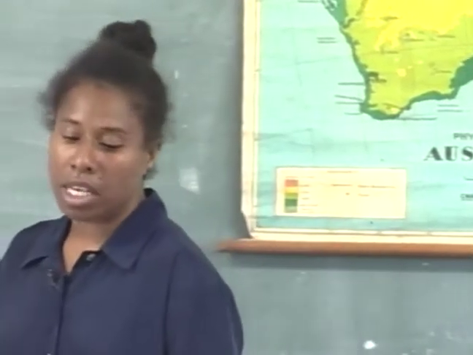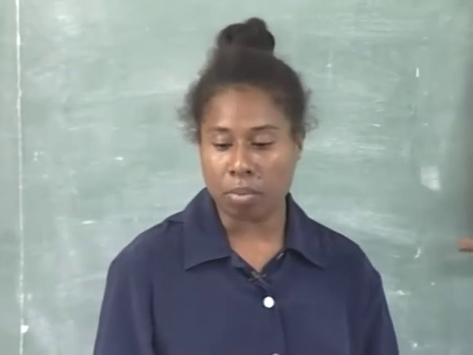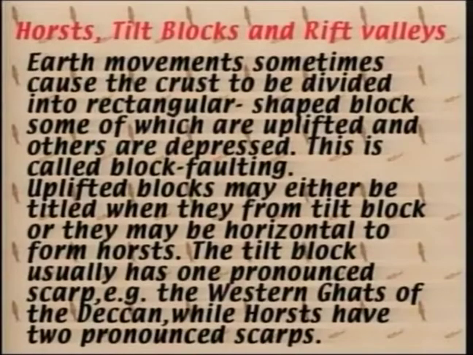In block faulting, we can end up with features such as horsts, tilt blocks, and grabens or rift valleys being created. The information on the monitor tells us that earth movements sometimes cause the crust to be divided into rectangular shaped blocks, some of which are uplifted and others depressed. You can also make reference to the handout or worksheet that I have distributed. This process is called block faulting.